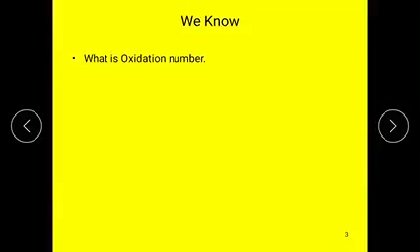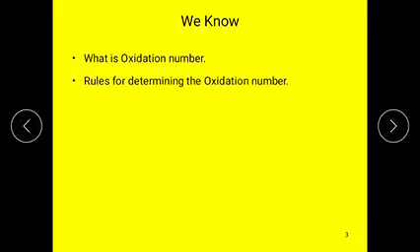We already know what an oxidation number is. It is the residual charge of an atom as it appears in a molecule or ion.